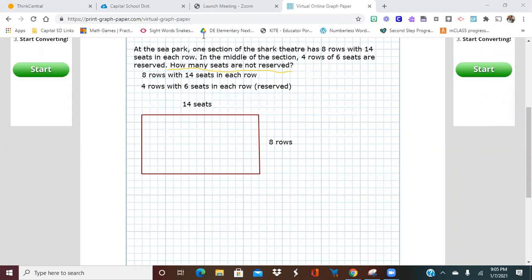So go ahead and draw your picture. And your picture should look something like mine. It doesn't have to be exact, but make sure it's big enough that you can have your middle section drawn in there, because we haven't done that yet. So it's going to have 14 seats across and 8 seats down, or 8 rows down. All right. This is your whole section of that theater.